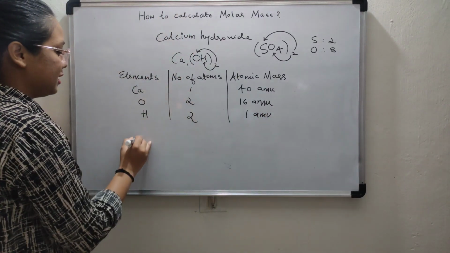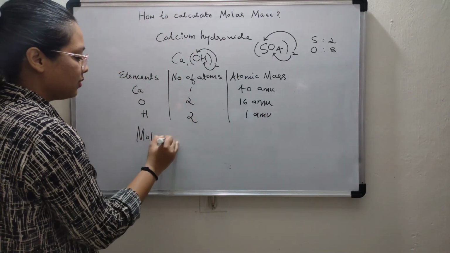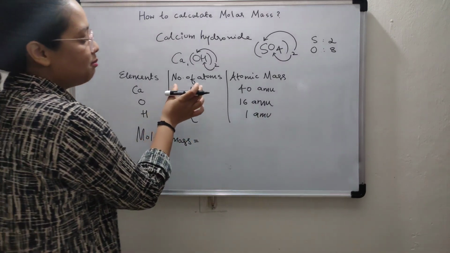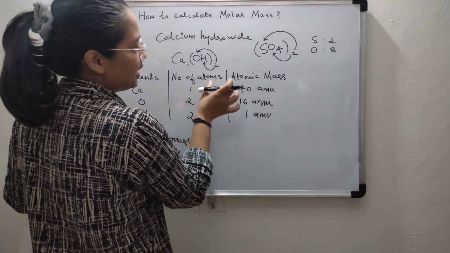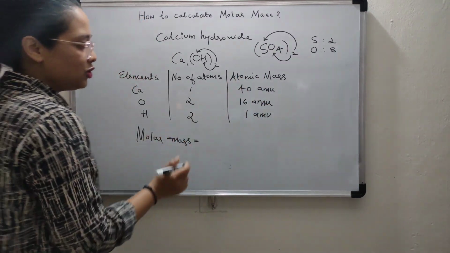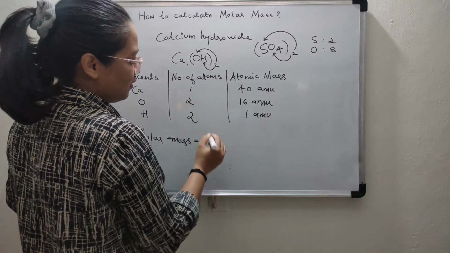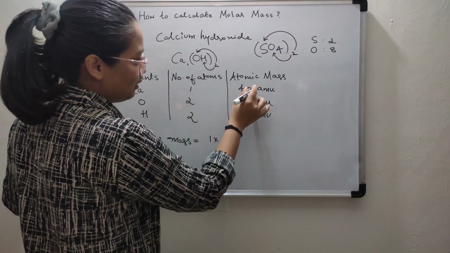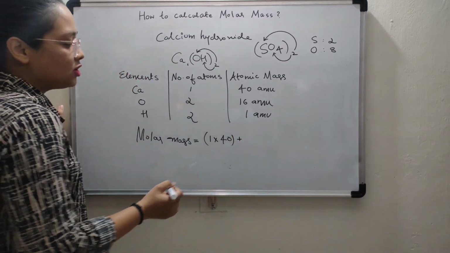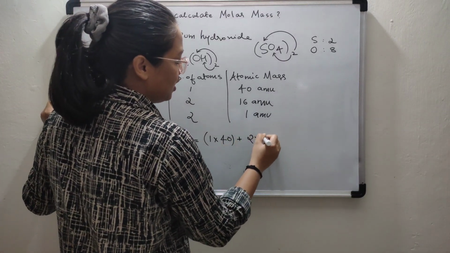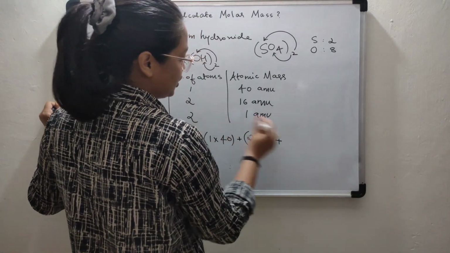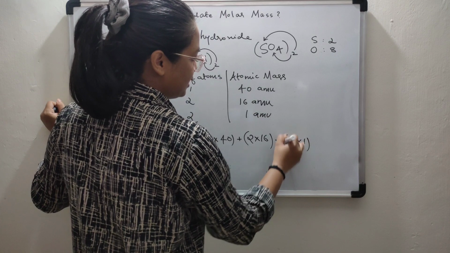Now last step, we are going to calculate the molar mass by multiplying the number of atoms into the atomic mass for each term and then adding it up. I will show you how it is done. In my chemical formula, 1 atom of calcium multiplied by atomic mass 40, plus how many atoms of oxygen do I have? 2, into atomic mass of oxygen 16, plus 2 atoms of hydrogen into atomic mass 1.